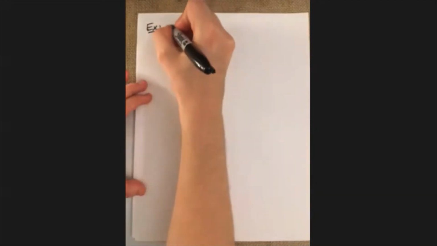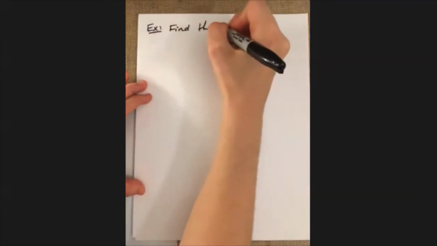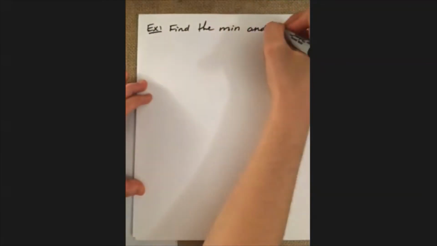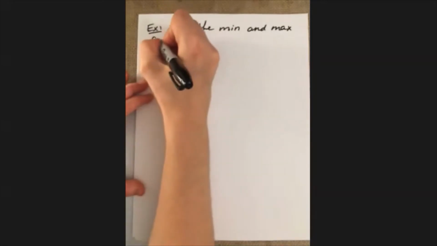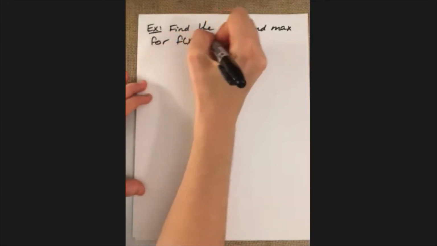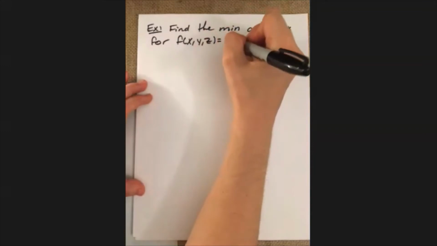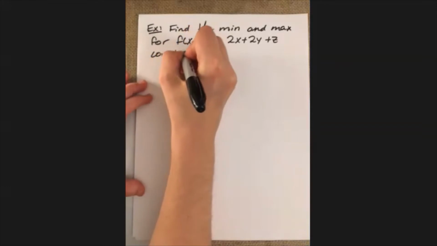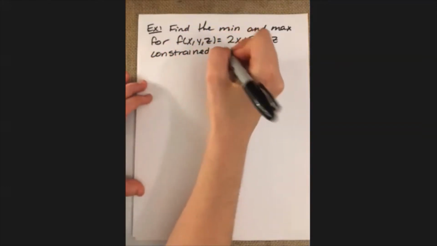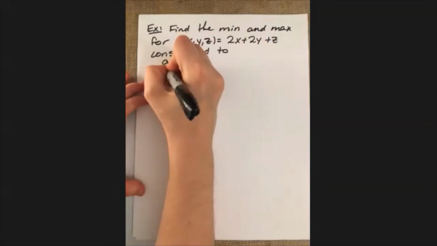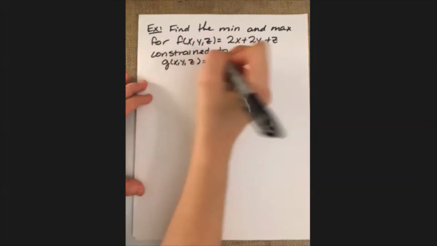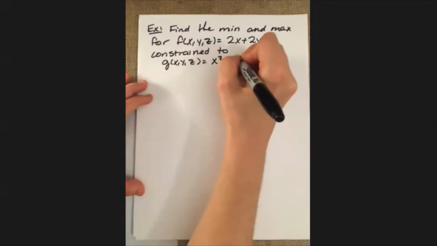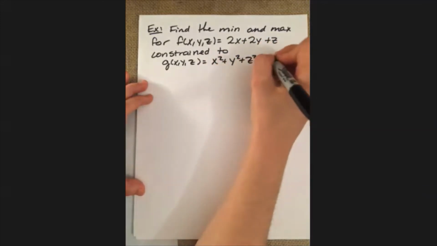Let's work another one. Okay, so in this one, we are going to find the min and max for f of x, y, z equal to 2x plus 2y plus z, constrained to g of x, y, z equal to x squared plus y squared plus z squared is equal to 9.